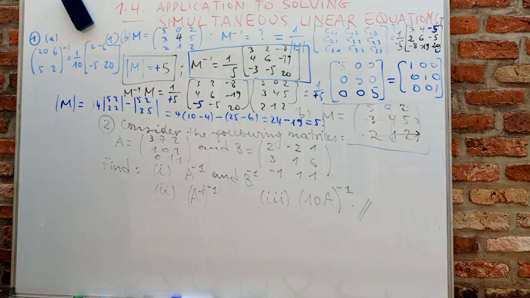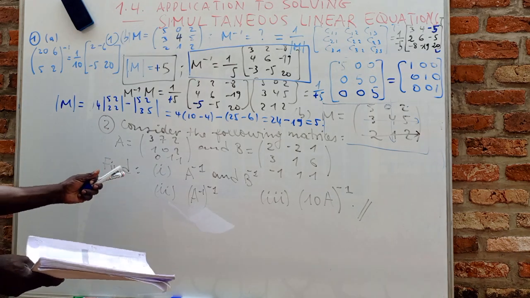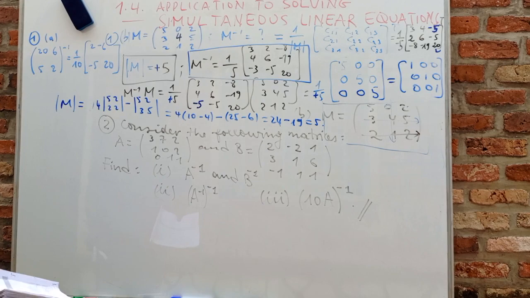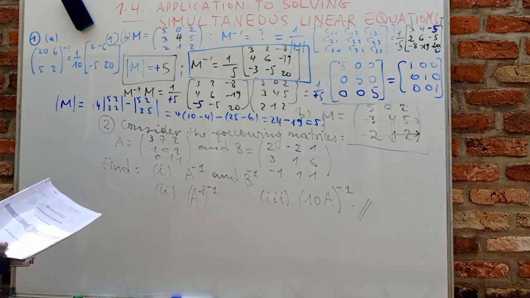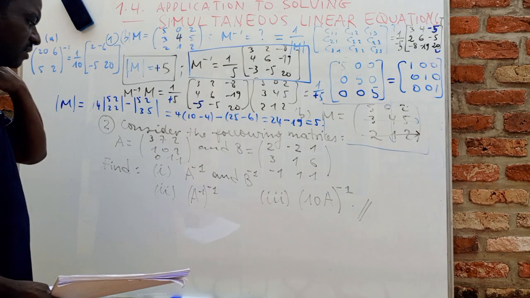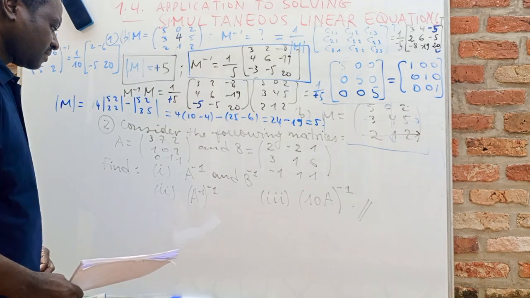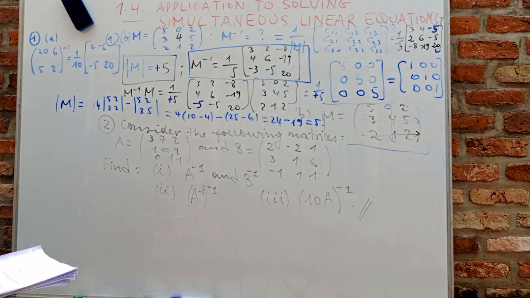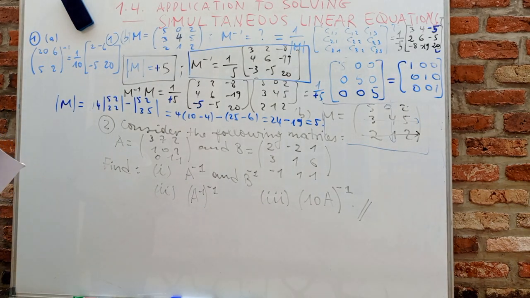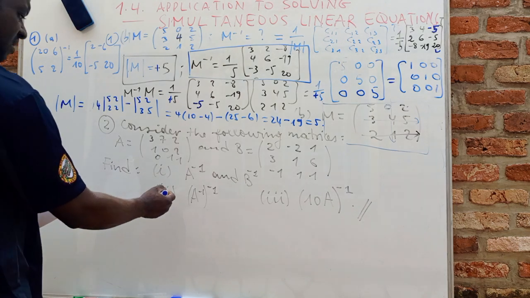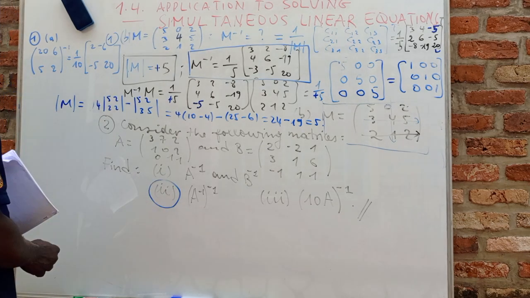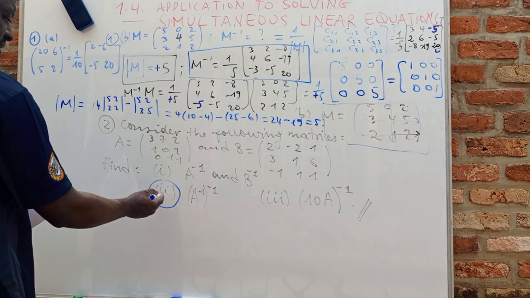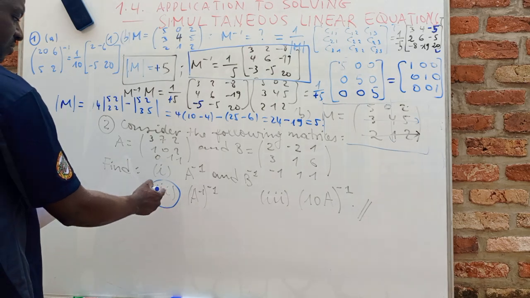Now here we are going to look for this matrix A and B. Possibly they are invertible matrices because they are talking about their inverses, and then from here let us now work out 2 here.